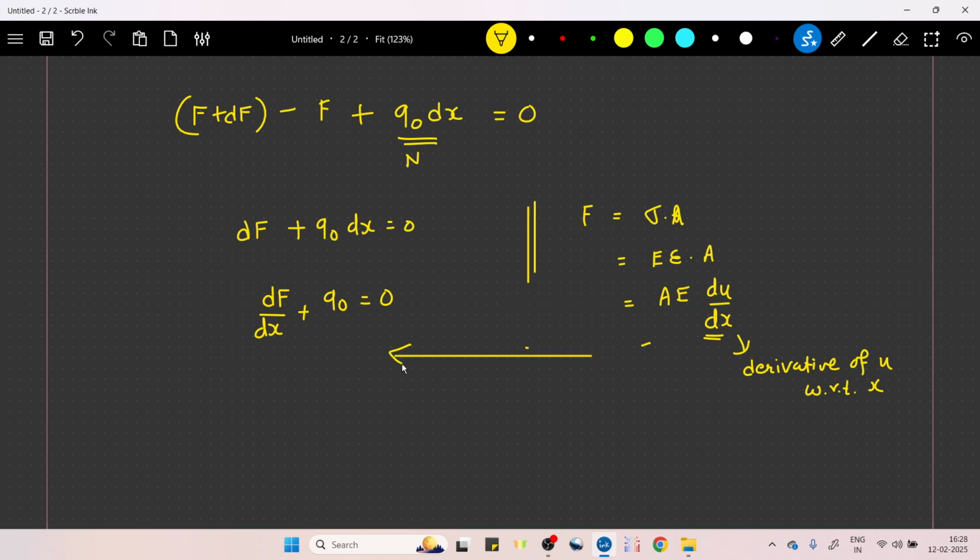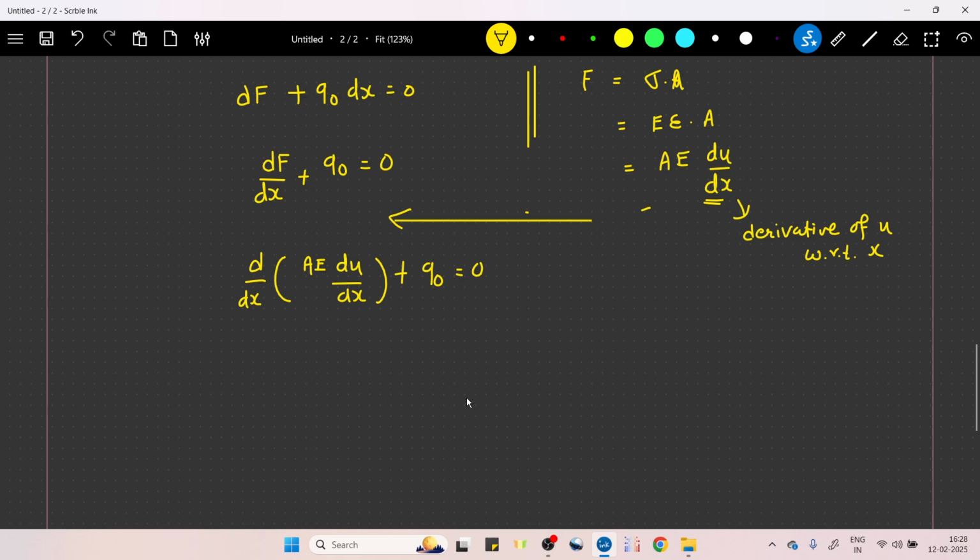So I'll just substitute this value here. So I get d by dx of A E du by dx plus q0 equal to 0. And I can say A E d square u by dx square plus q0 equal to 0.